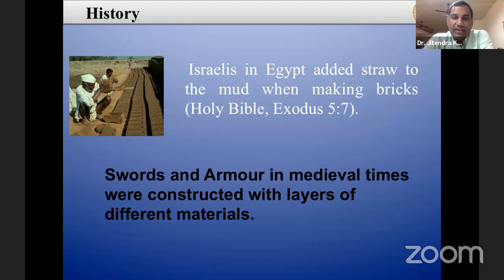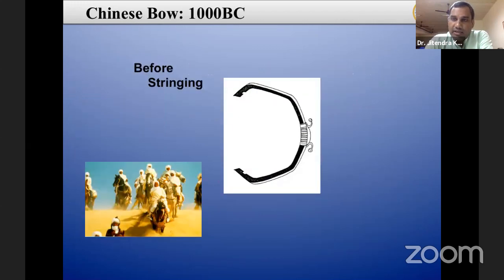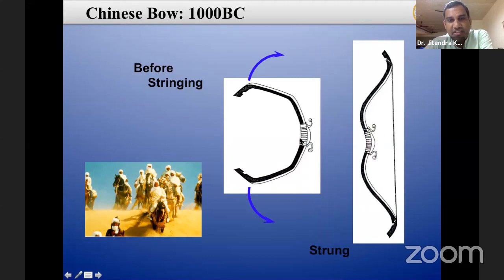In medieval times, swords and armor were also made of composite material. These are Chinese bows, and you can see how the composite looks before stringing and after it is strung. The composite is very flexible in that era.